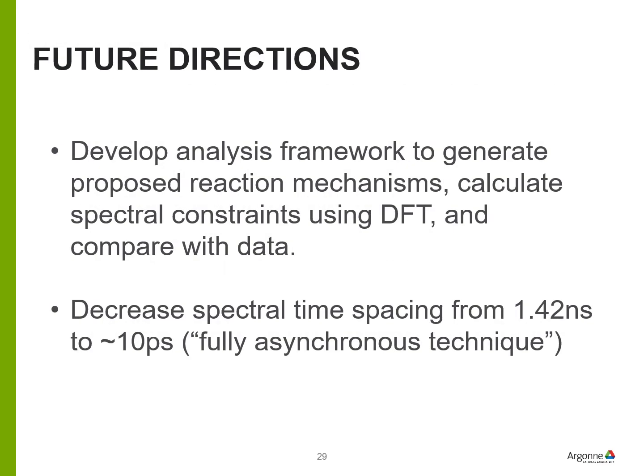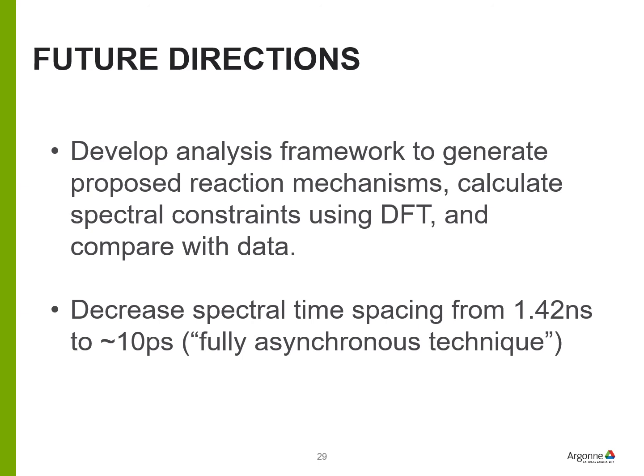In the future, we'd like an unbiased way to generate mechanistic proposals to test against the data. And this idea is inspired by computational catalysis algorithms, which propose reaction mechanisms using a low level of density functional theory. The only difference from that approach is that we wish to calculate an X-ray absorption spectrum from each structure in the proposed mechanism and compare it with the X-ray transient absorption data.